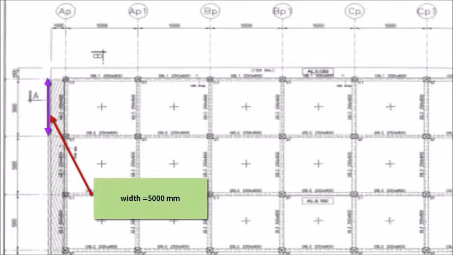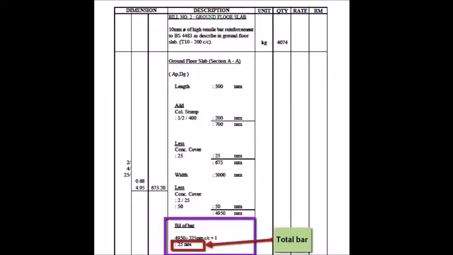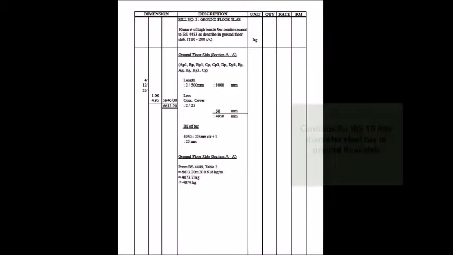Now, the width of the ground floor slab is 5000 mm, and less two concrete covers to get the width of it. Then, in order to find the number of steel bars, use the formula total width divided by the gap in between the steel bars, which is 200 mm center to center, and plus 1.